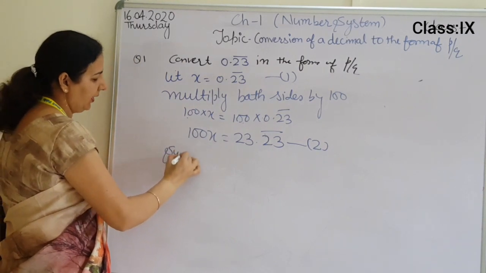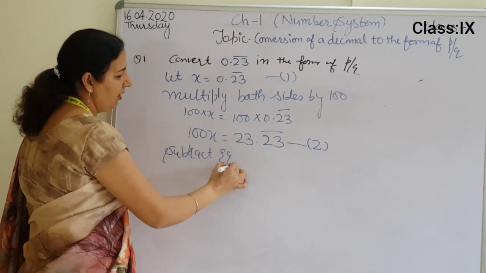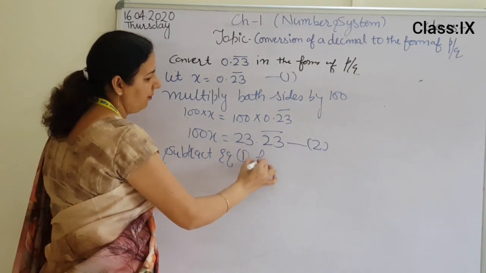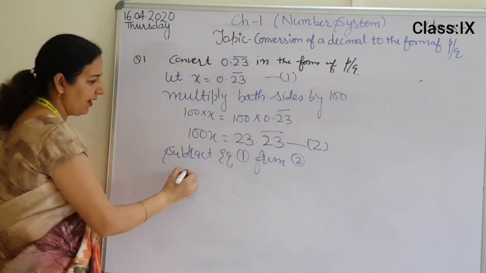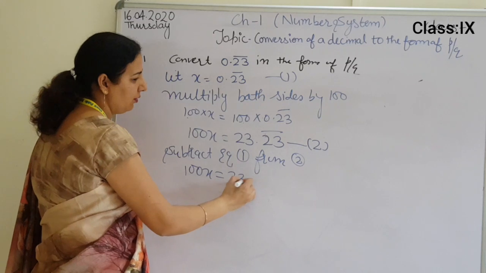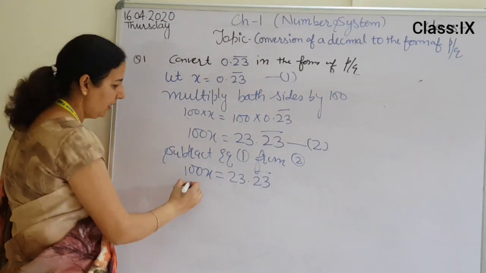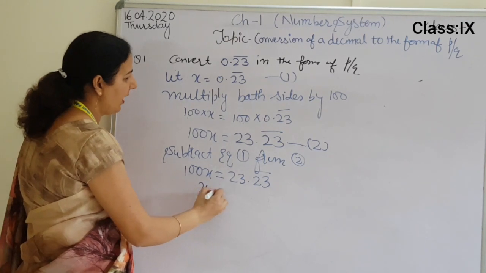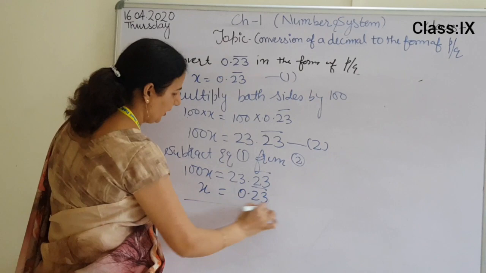Now subtract equation 1 from 2. So here I will write equation number 2: 100x is equal to 23.23 bar. Then equation number 1: x is equal to 0.23 bar.